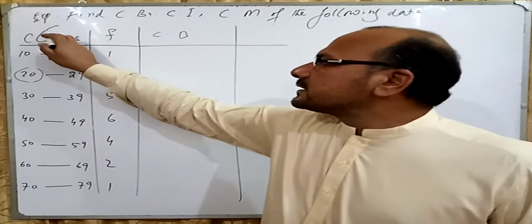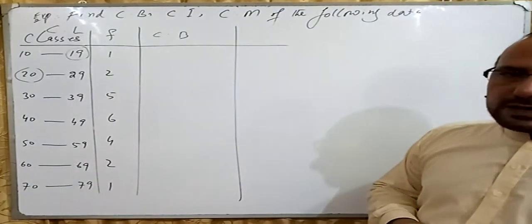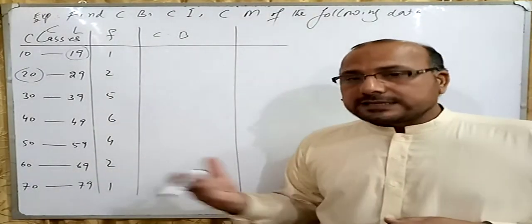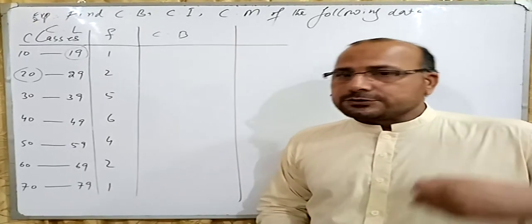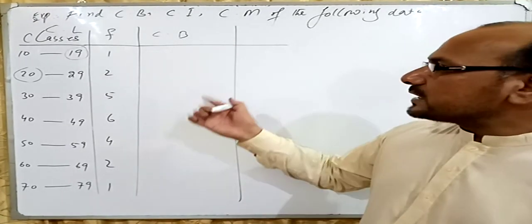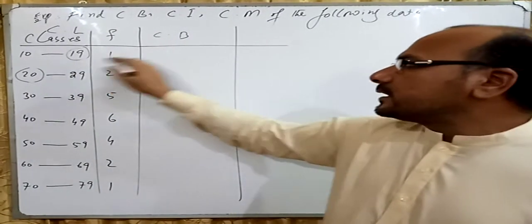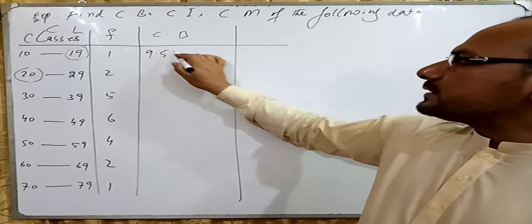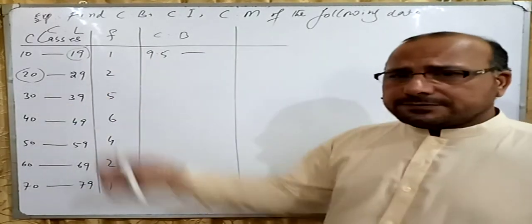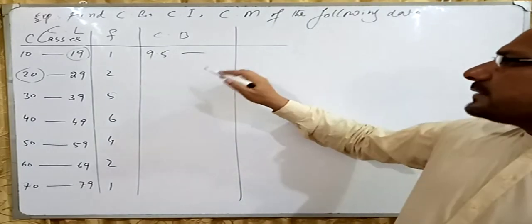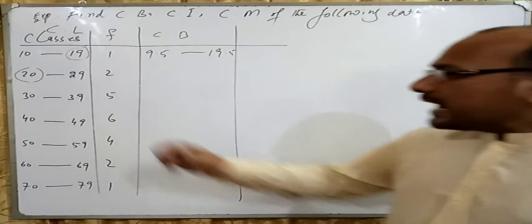These are class limits. Now we will find the class boundaries, because you will need them in upcoming classes, when class limits are given and you need to convert them into class boundaries. If we subtract 0.5 from 10, it becomes 9.5, and if we add 0.5 to 19, it becomes 19.5.